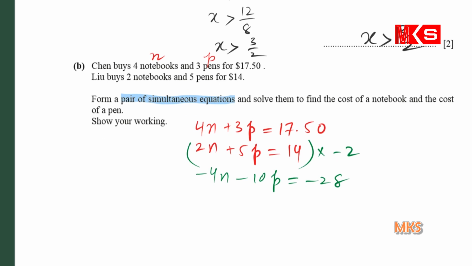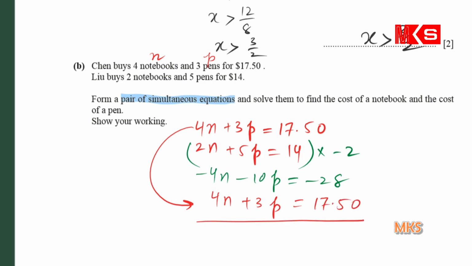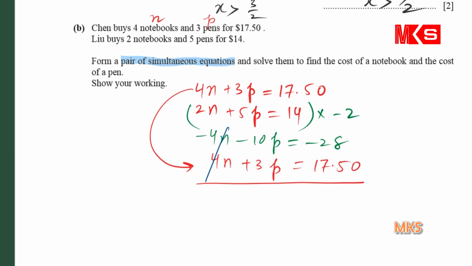Now adding the first one, which is 4N plus 3P is equal to 17.50, 4N minus 4N will be cancelled and we will be left with minus 7P is equal to, since minus 28 is greater, so minus, and then 28 minus 17.50, we will find the difference, that is 10.5.